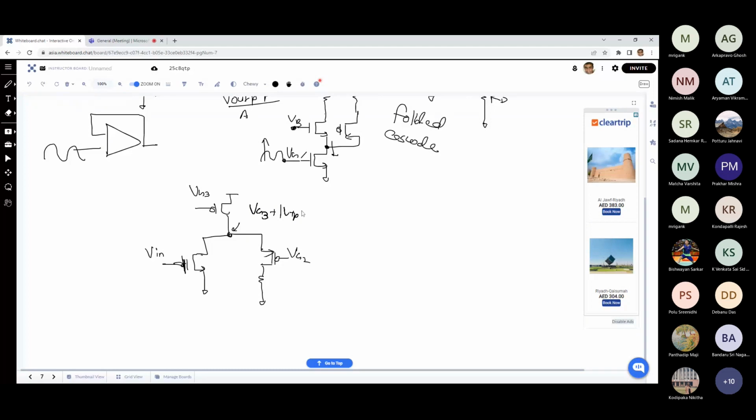So the maximum allowed voltage over here, definitely it is higher, and as a result, you can see for a given input signal, if it is going low, the maximum voltage over here can go to a higher value. Lower side, anyway, the lowest allowed voltage will be dependent upon the VG2 over here. So if this voltage is going too low, the first transistor, this M1, can enter into triode region.